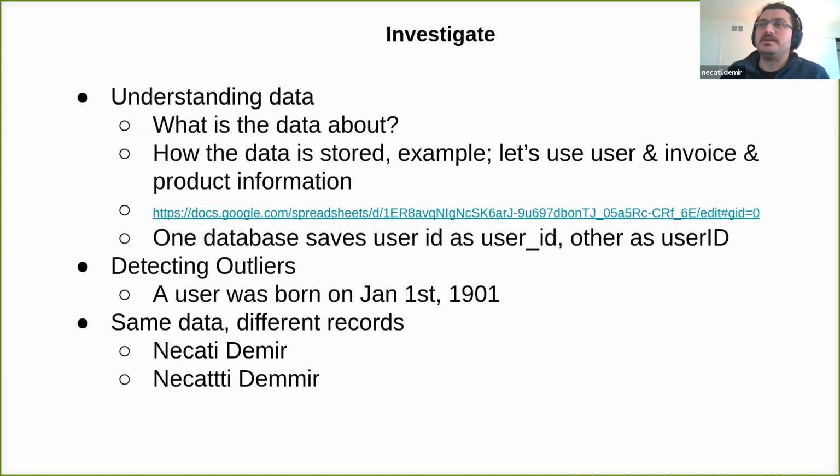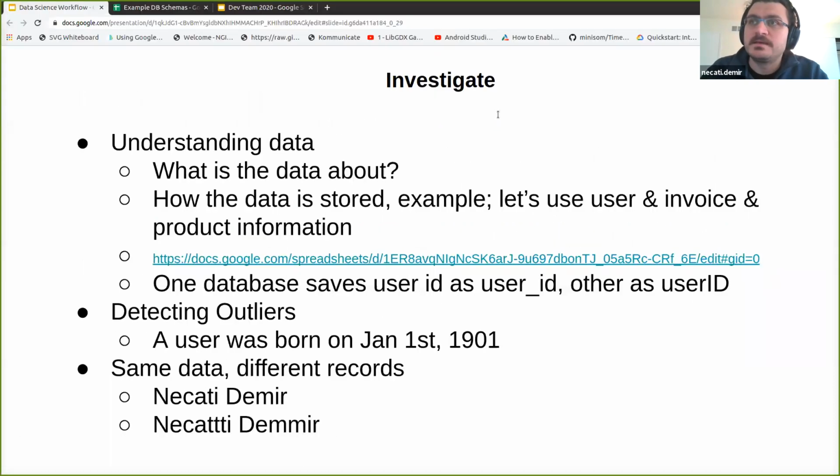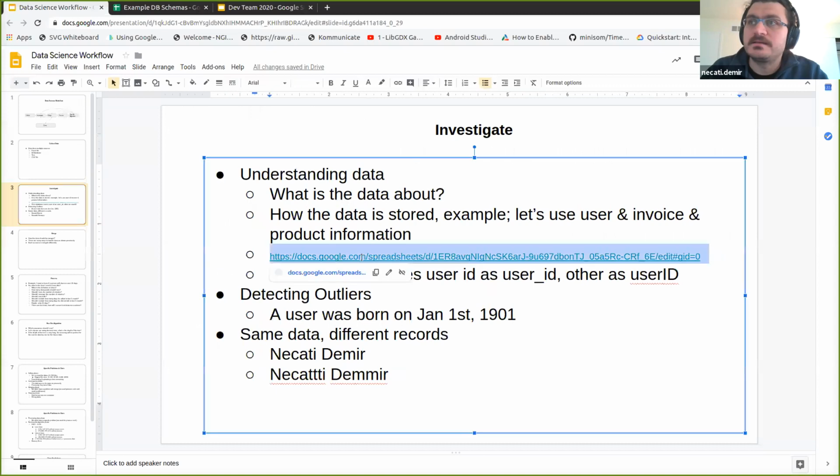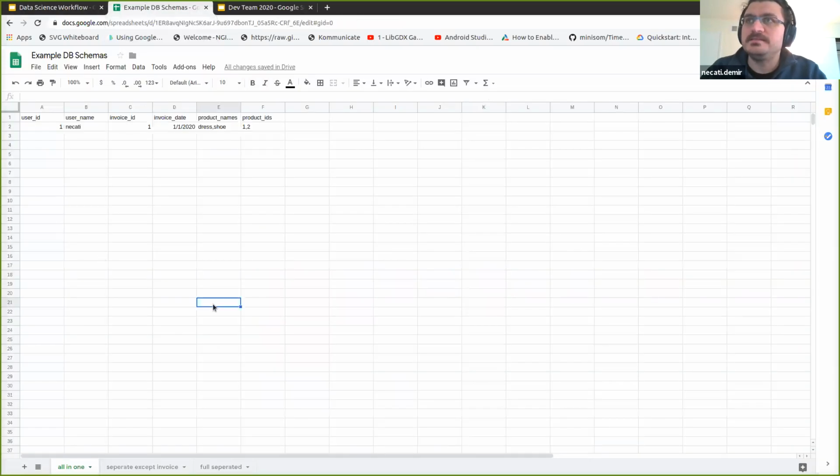Okay, so how is the data stored? I gave a couple of examples here, and you will understand what I'm trying to say. In this case, I tried to explain how user, invoice, and products tables can be stored.